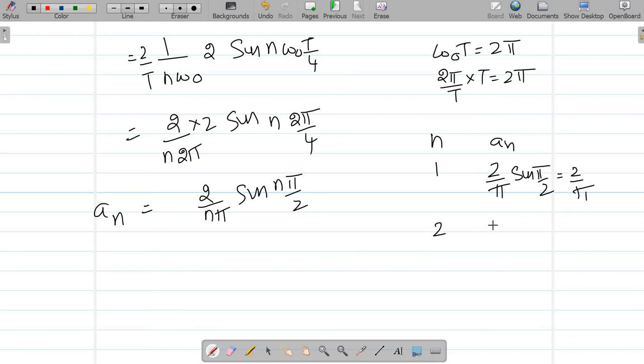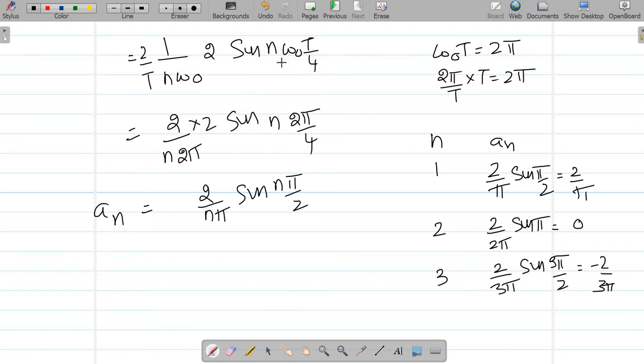When n is equal to 2, it will be 2 by 2 pi sin pi, which is 0. When it is 3, you will have 2 by 3 pi sin 3 pi by 2, which is nothing but negative of 2 by 3 pi. So we have found the an values.